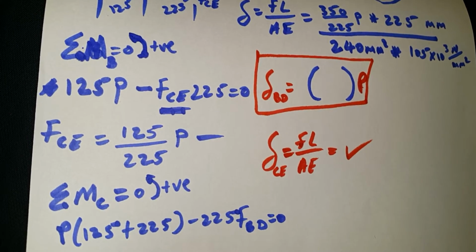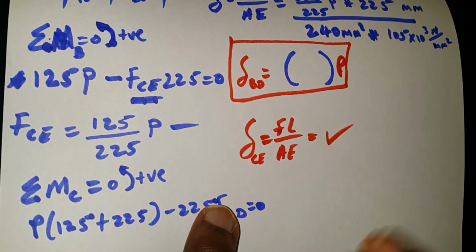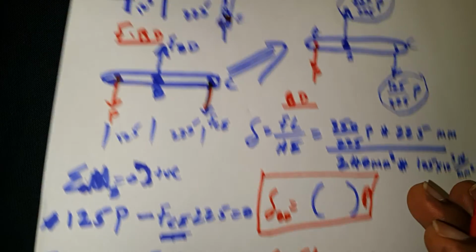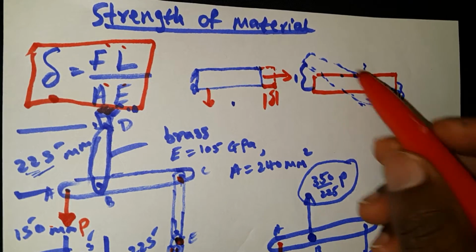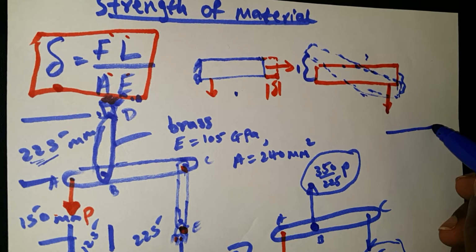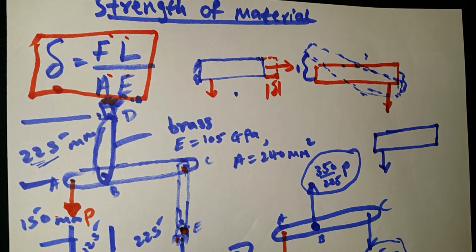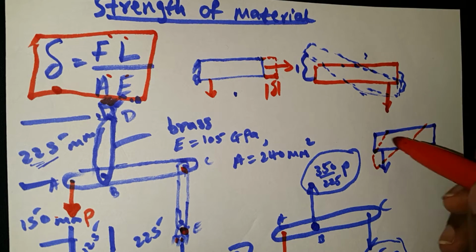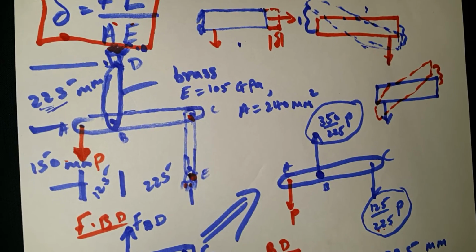Likewise here. So finally, we will try to know the deformation of this member. As I said earlier, if you have a member and you apply the force, it will go like this. Similarly, if you have a member like this and you apply a force here, this one will come down and this one will go up. The deformation here is what we are looking for.